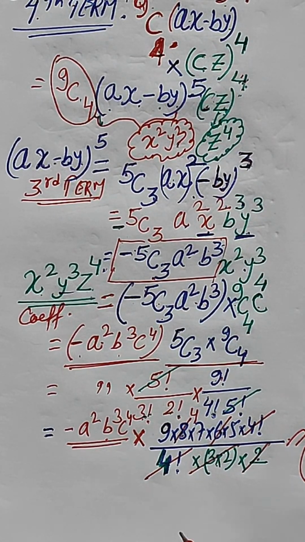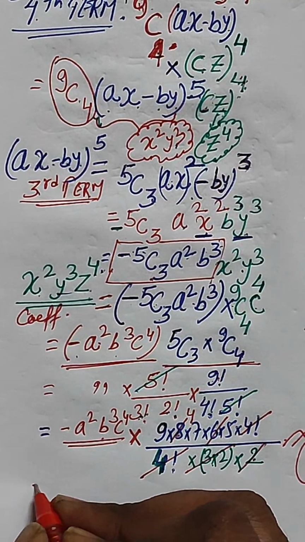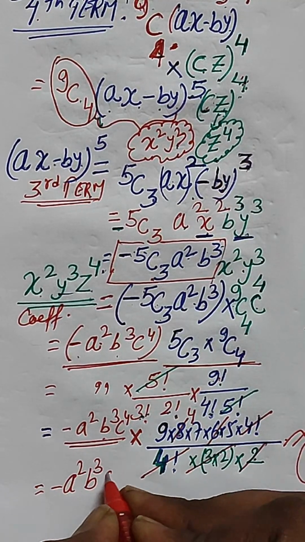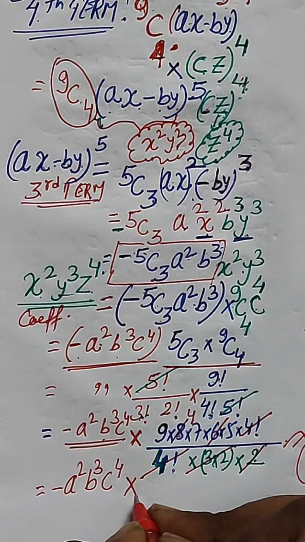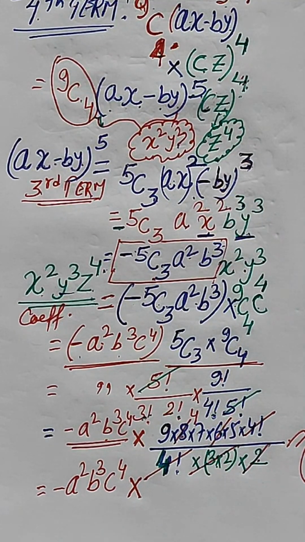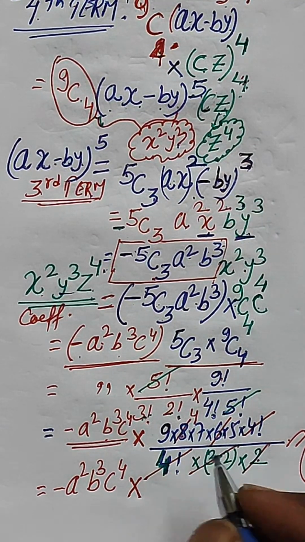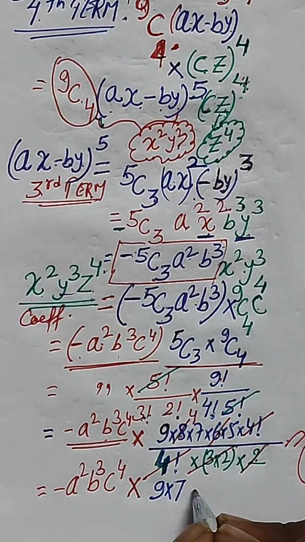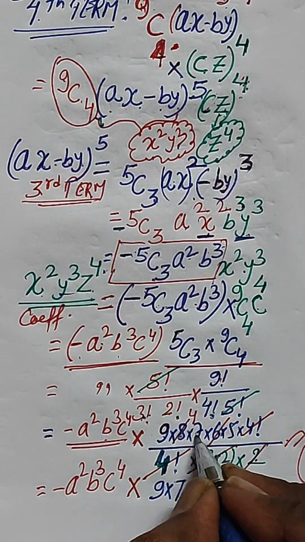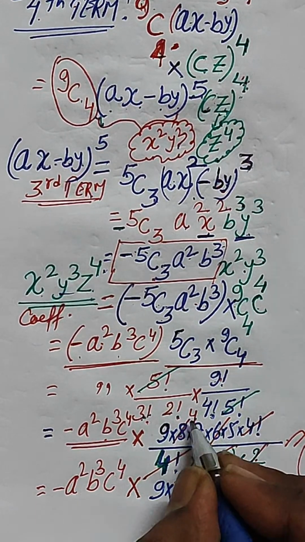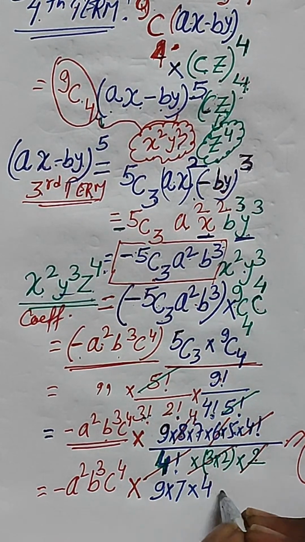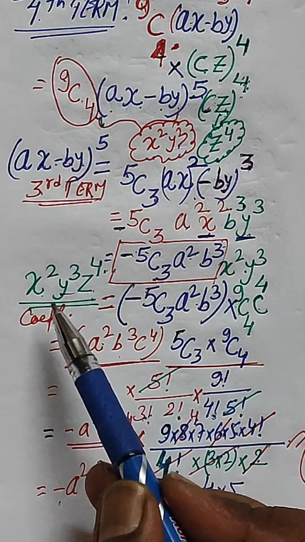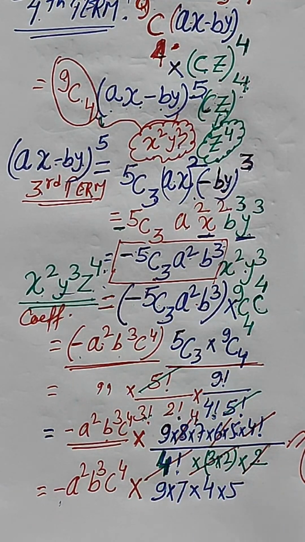So we are left with minus a square b cube c4 multiplied with, what? This will be coming 9 into 7, 9 into 7, and this 5 into 4 into 5. That's it. This is the coefficient of x square y cube z4, right?